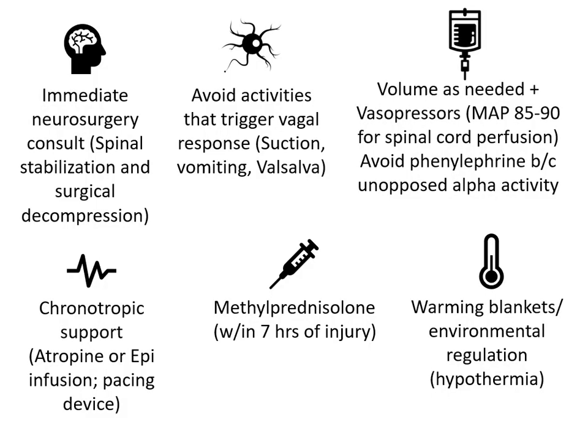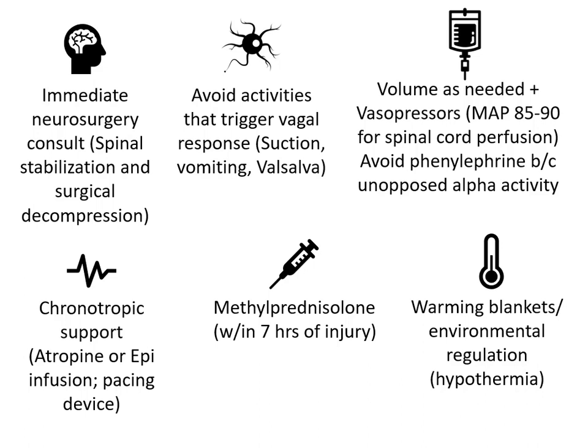In terms of treatment, immediate neurosurgery consultation is needed for spinal stabilization and surgical decompression. It's important to avoid activities that trigger the vagal response, such as suctioning, vomiting, and the Valsalva maneuver. Volume is given as needed in addition to vasopressors to maintain a mean arterial pressure between 85 and 90 for spinal cord perfusion.